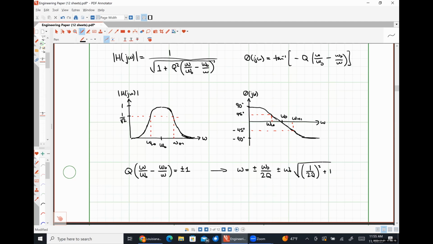So I will find then that omega low happens when I have negative omega naught over 2Q plus omega naught times the square root of 1 over 2Q quantity squared plus 1, or factoring out omega naught, omega naught times negative 1 over 2Q plus the square root of 1 over 2Q squared plus 1.